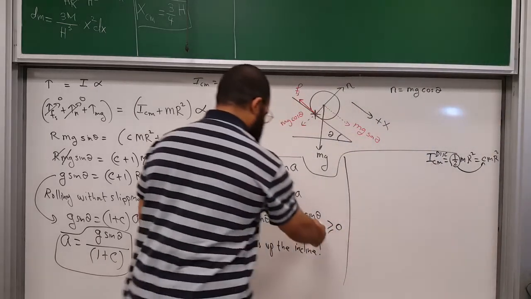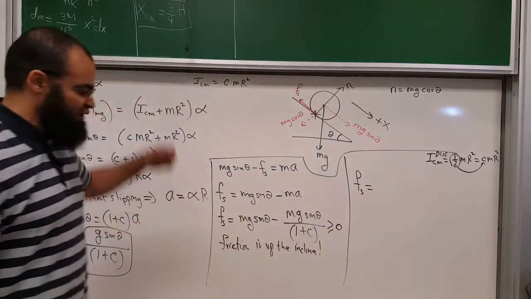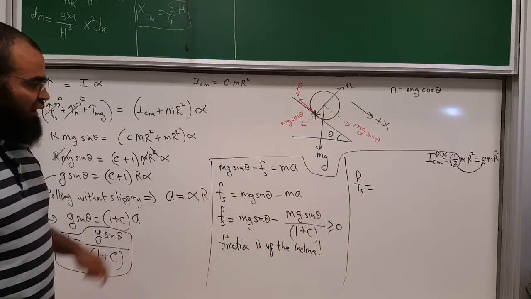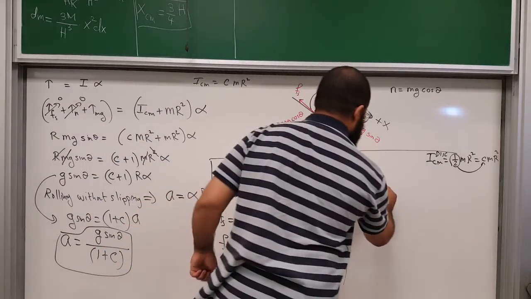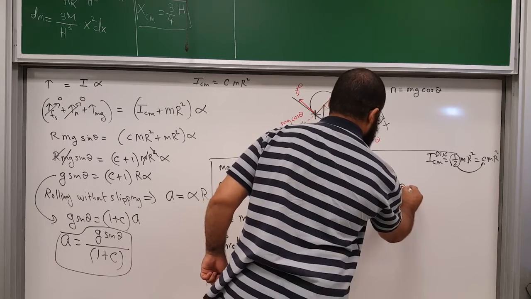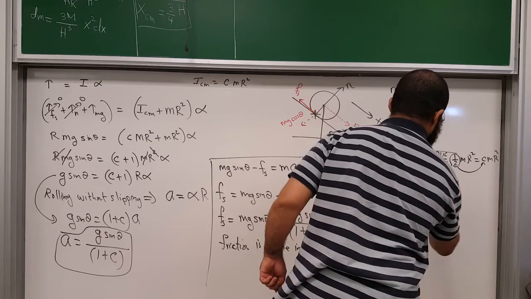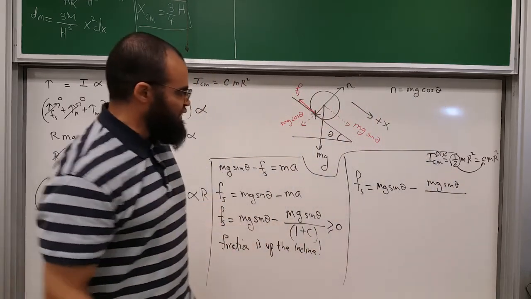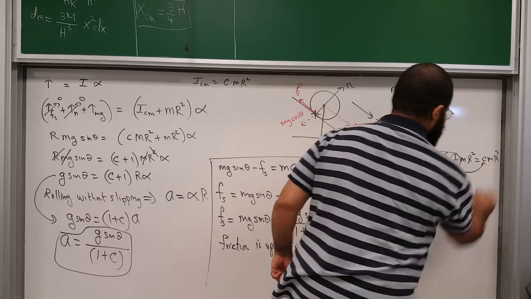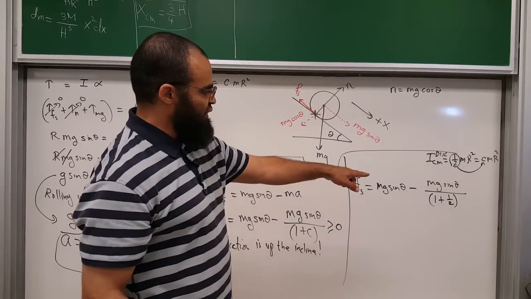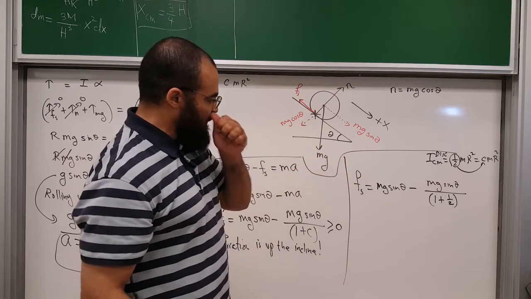So let's calculate the force of friction for a disk. So the force of static friction, if we have a disk rolling or a cylinder, as in this problem we had, I'm going to roll the board down, but let me just write down what the friction should be. So it would be mg sine theta minus mg sine theta divided by 1 plus c. 1 plus c is 3/2, but you're dividing by 3/2, so it becomes 2/3.